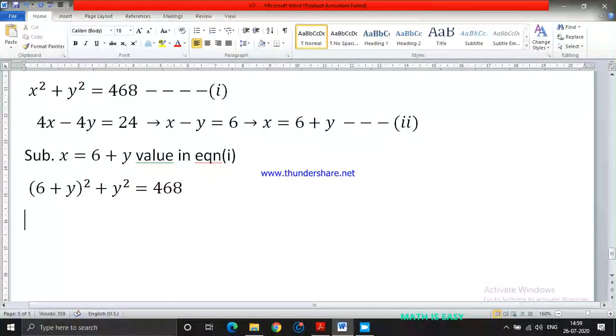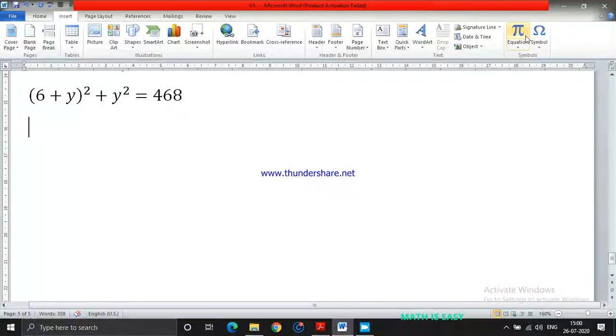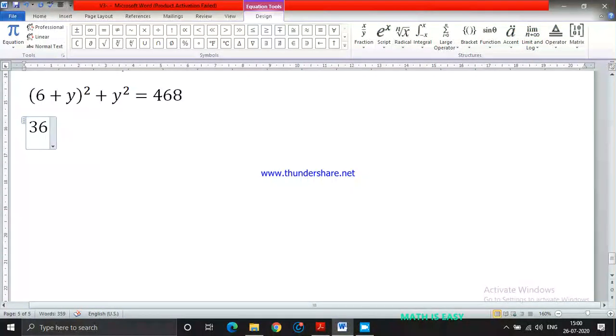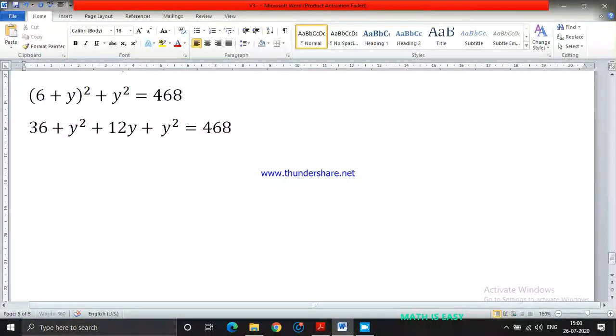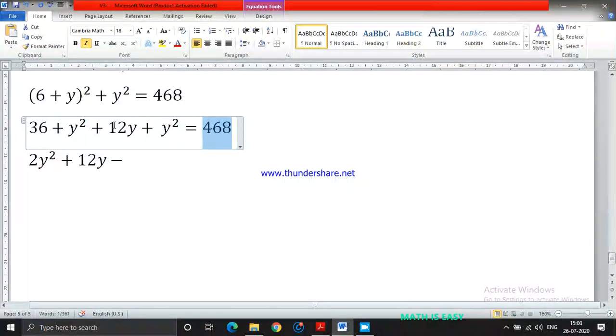If I simplify further and open the bracket, as a plus b whole square, 6 square is 36, plus b square means y square, plus 2ab means 2 into 6 into y, that is 12y, plus the y square already there, equals 468. Next, y square plus y square gives 2y square, plus 12y, minus, because this 468 will come to the left hand side as minus 468.